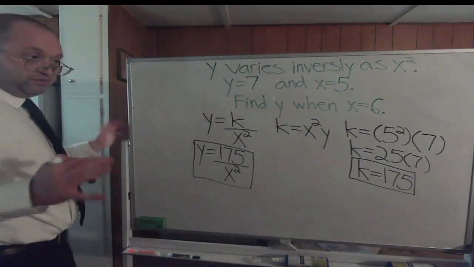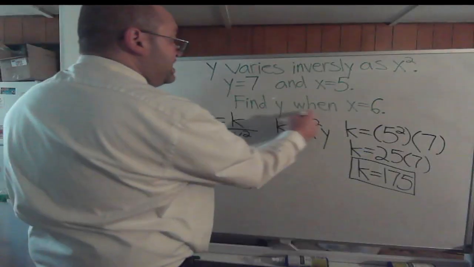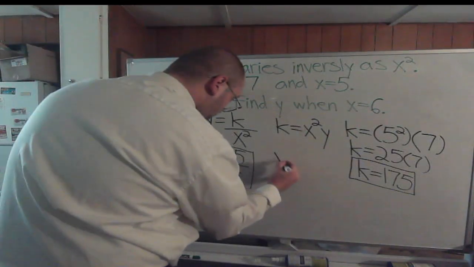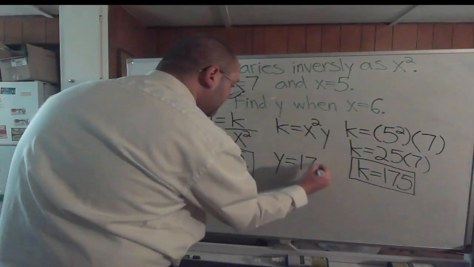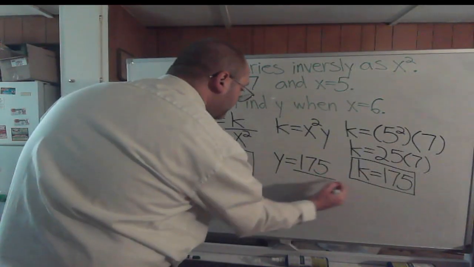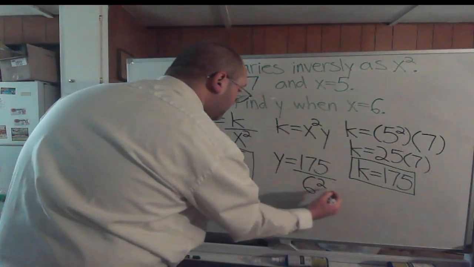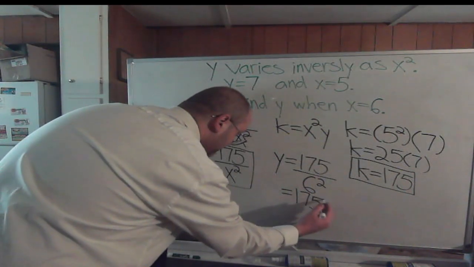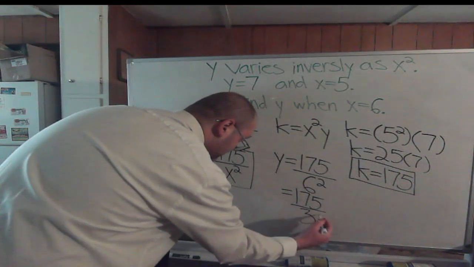Now the last component of this problem is find y when x equals 6. All we've got to do, y equals 175 over that x value of 6 to the second power, which would have to mean it's 175 divided by 36.